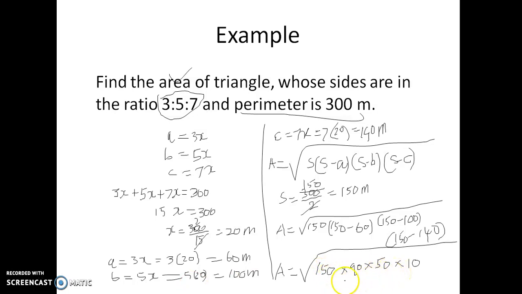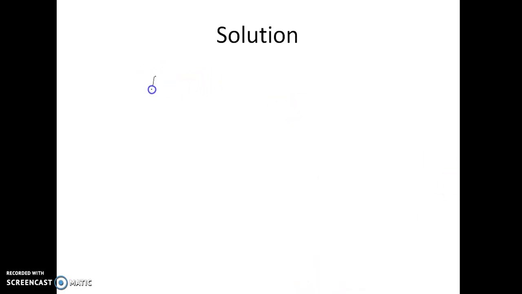Next we are going to factorize everything here. So how can you factorize? Through the prime factorization method only. So here A equals root of 150, 90, 50, 10. So 150 we can write as 5 into 30, since 30 into 5 is 150.